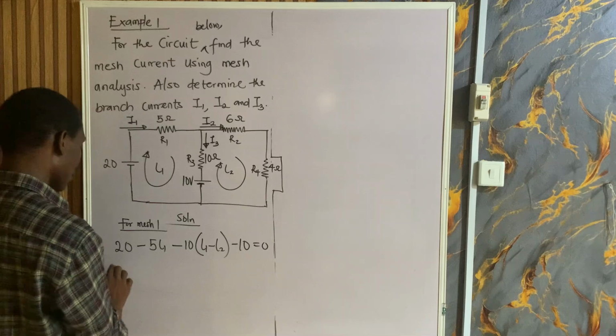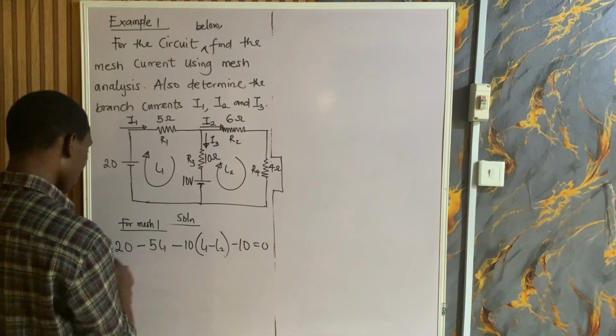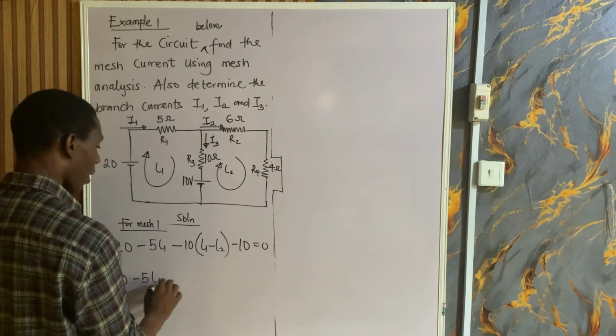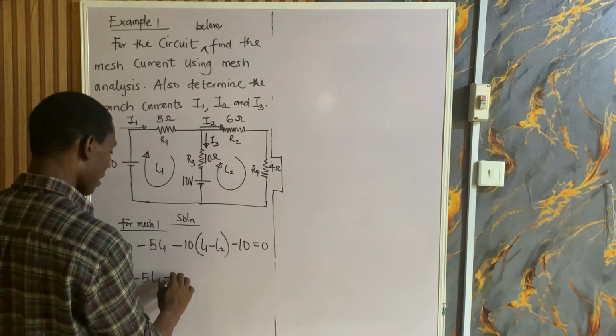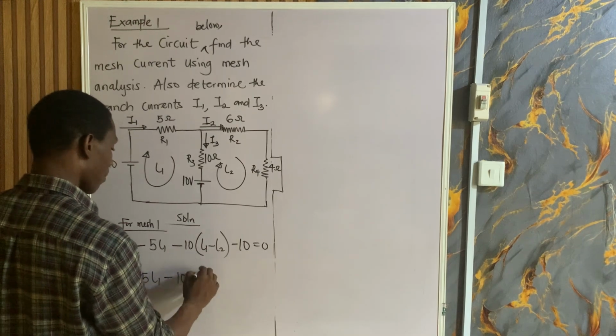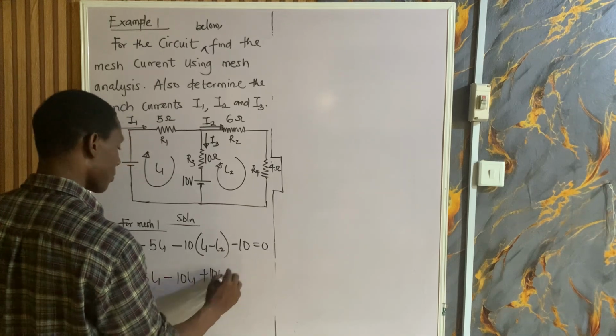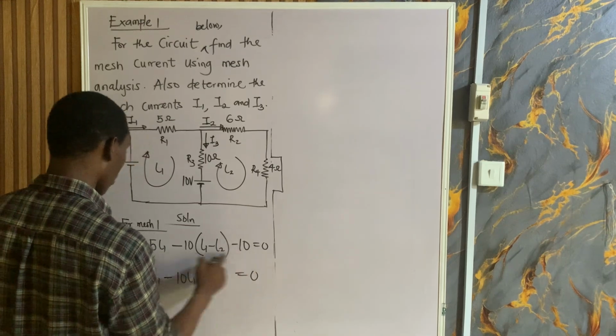Let's simplify this. If you simplify, you get 20 minus 10, which is 10, minus 5 I1, minus, opening this bracket, 10 I1, plus 10 I2 equal to 0. I've combined these two.